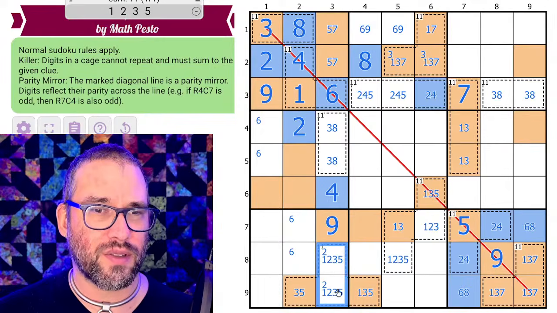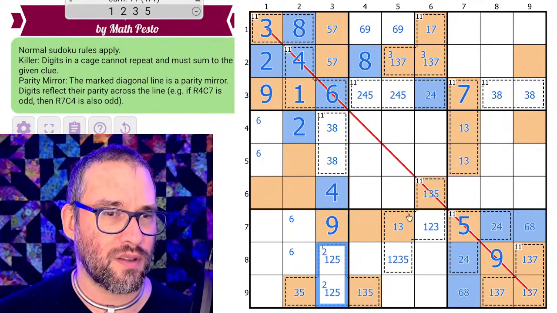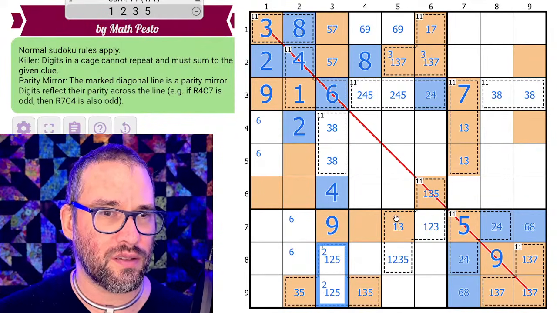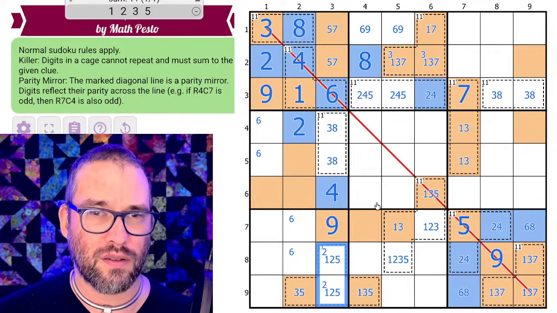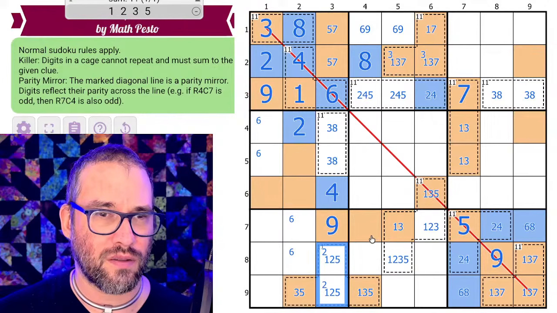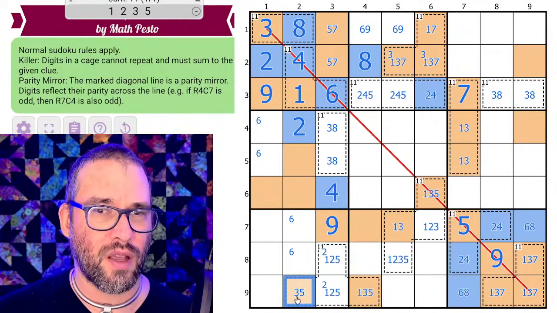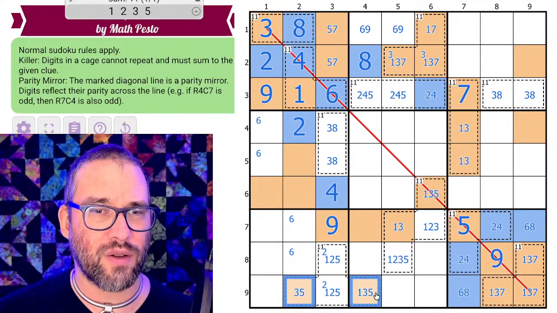Yeah, these 3s look down. Thank you, David. And these 3s now look across.